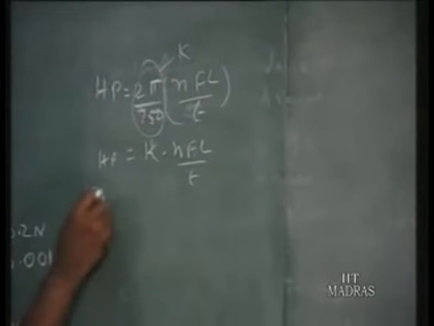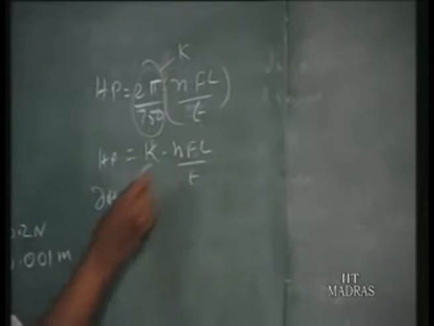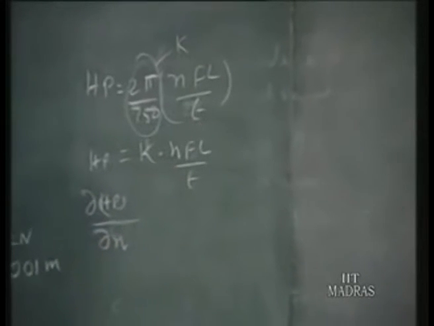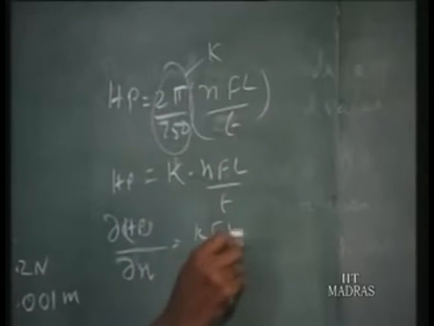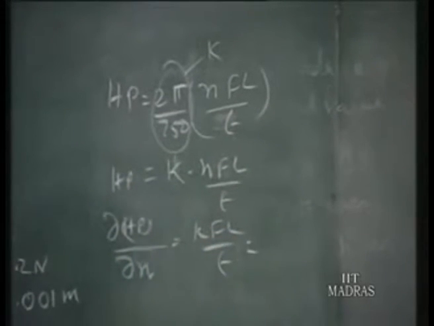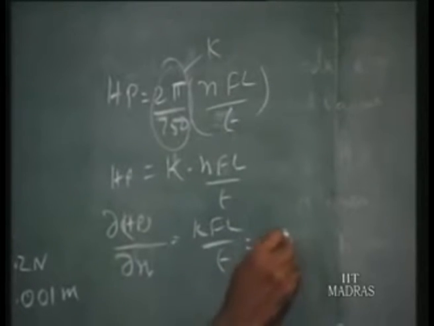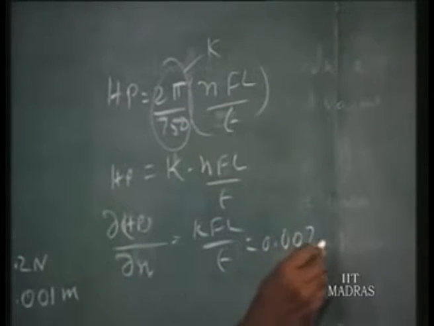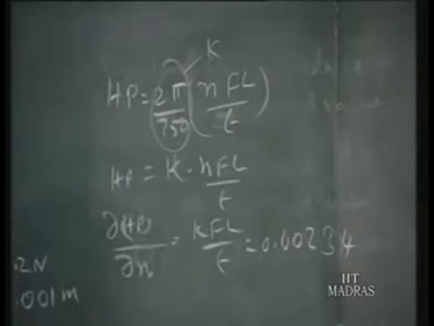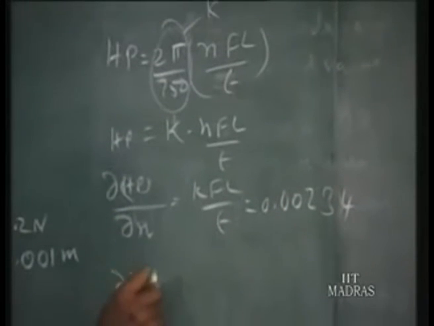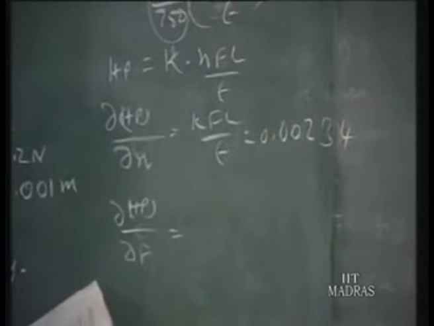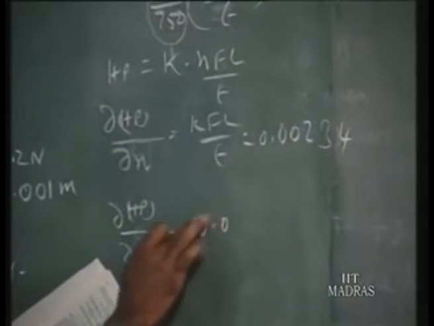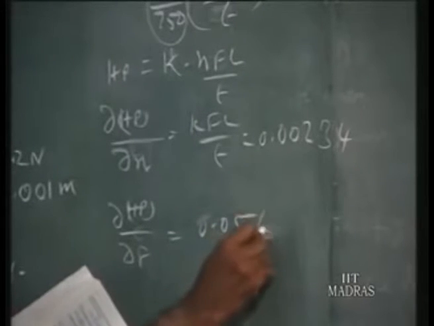Now, dou hp by dou n is equal to k f l by t, which is calculated already, 0.00234. Similarly, we find the other things. dou hp by dou f will come about 0.0562.